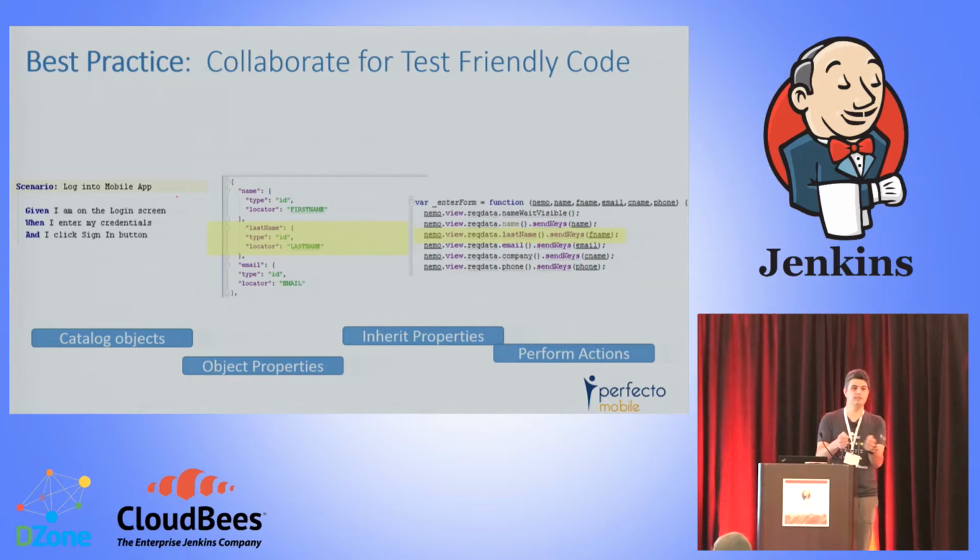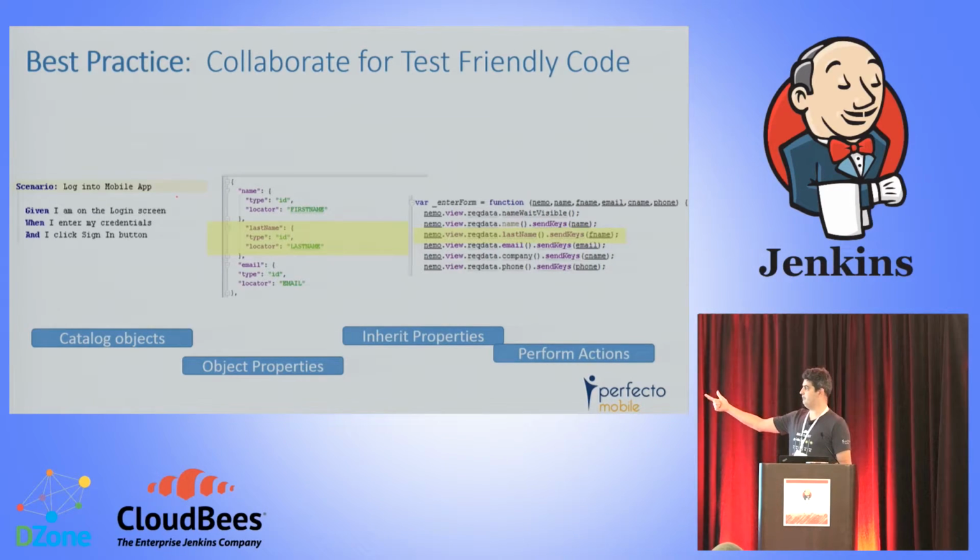And now the developer and the tester are working very closely. Use it. Ask your developer to add an ID. It's going to improve your automation. And at the end, you have a very simple scenario that says, okay, find the element, find my last name, my email, my company name, and just send the keys. So the tester will create the automation very simply.